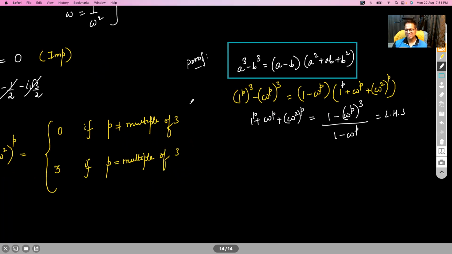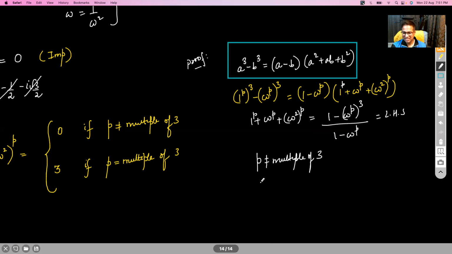Yes or no? Now understand here. If p is not a multiple of 3, then this term 1 minus omega to the power p will not be 0.